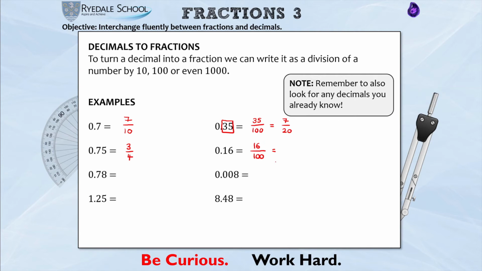But I can see both of these numbers divide by 4, so it is 4 over 25. 0.78, again, is a fraction out of 100. 2 decimals, a fraction out of 100. Can 78 over 100 be simplified? Both of these numbers are even, so we can divide by 2. 39 over 50.